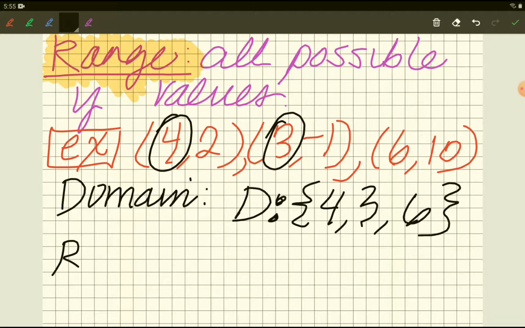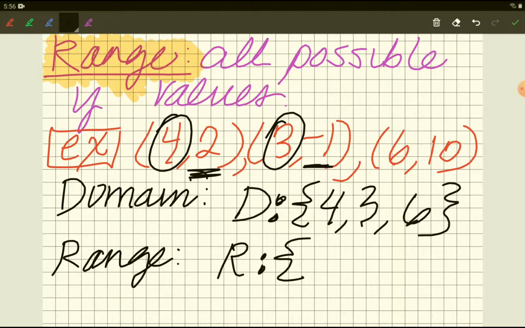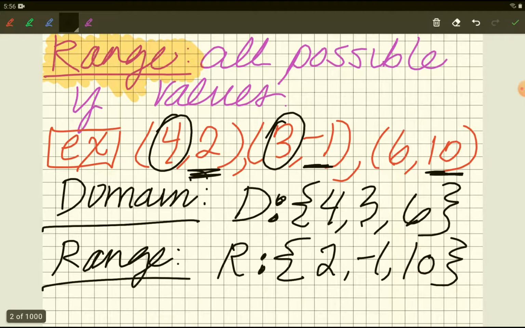Then the range could be written like this: {2, -1, 10}. Very, very straightforward.